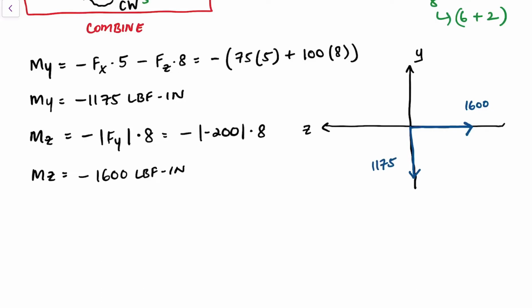So your resultant moment is going to be in some direction. Let's say here, closer to the z-axis, so 1600 is larger, right? Offset by some angle. And this is going to be m total.